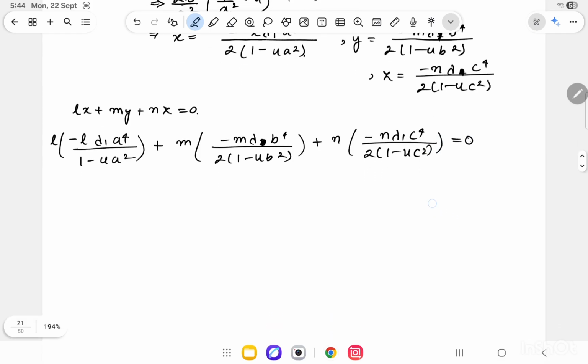So if I simplify it, I can take minus lambda 1 by 2 common from the whole equation.